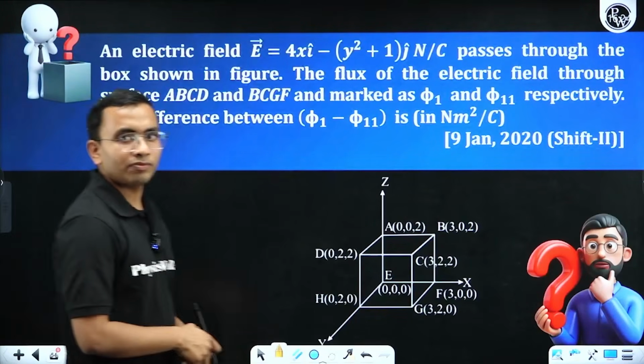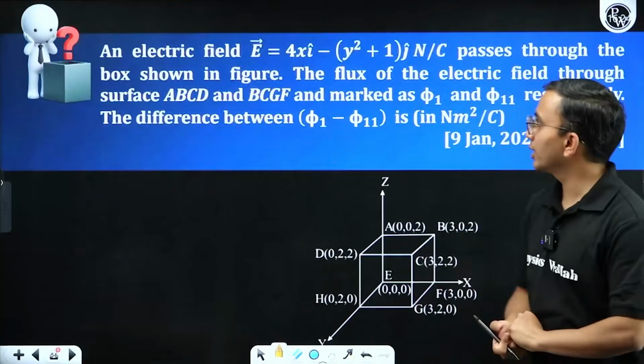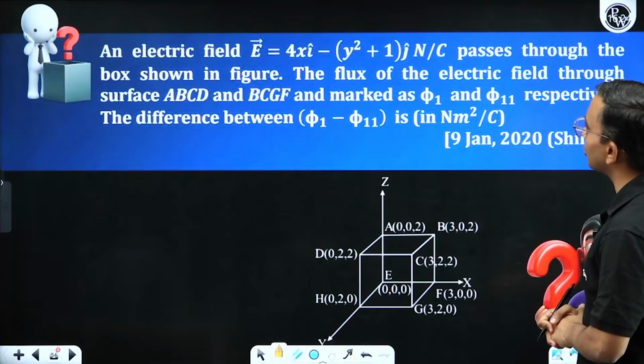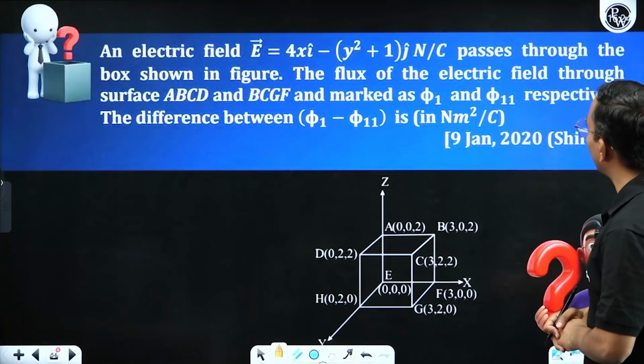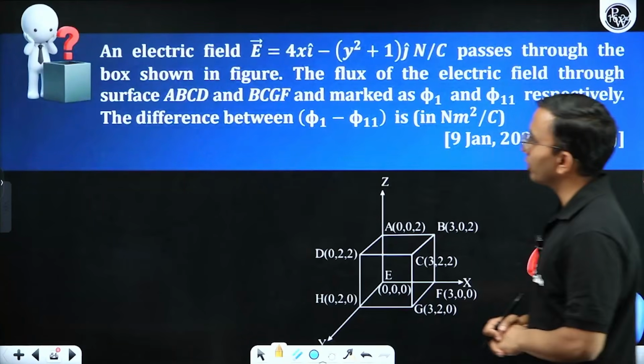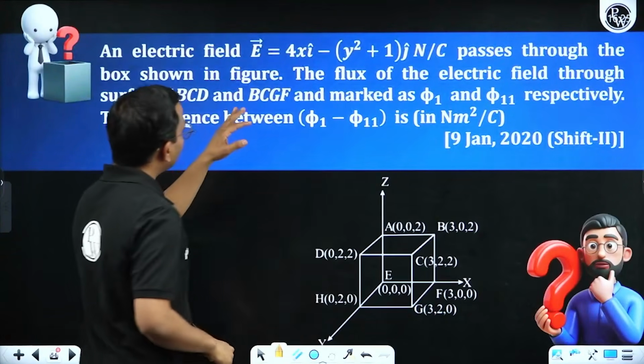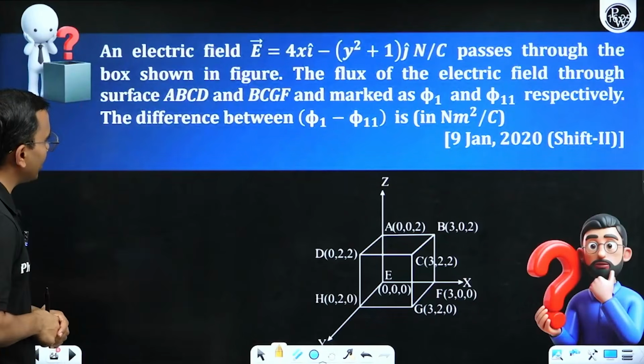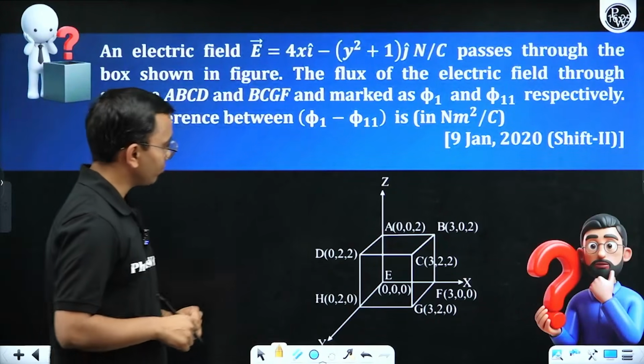Okay, another question we are having. Let us read it out. An electric field E that is given to us passes through the box as shown. The flux of the electric field through surfaces ABCD and BCGF are marked as phi1 and phi2 respectively. The difference of the two.